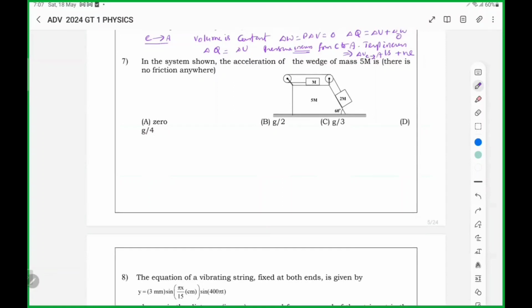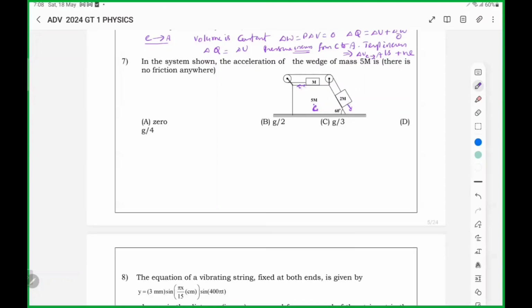Here in this question, acceleration of the wedge of the mass 5m. So I'll solve this problem with respect to the center of mass. Let us assume initially just before sliding, center of mass is here. So once it's starting, 2m starts sliding downwards. So here m starts moving towards left.